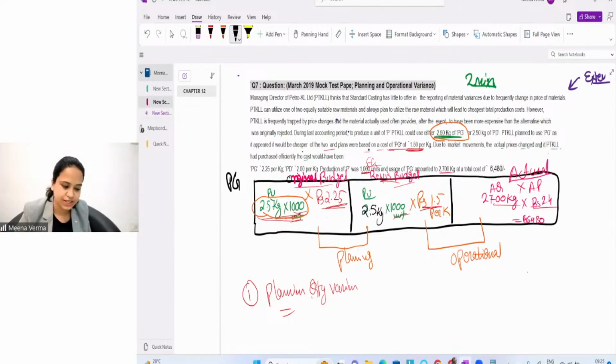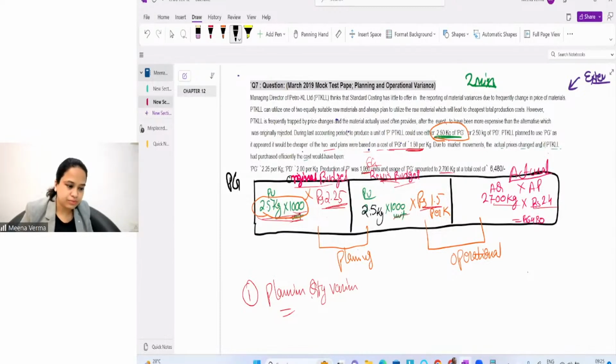Please read the question and tell me. Revised standard quantity, is it mentioned? Actual quantity and okay. So revised and actual quantity is not mentioned, right?